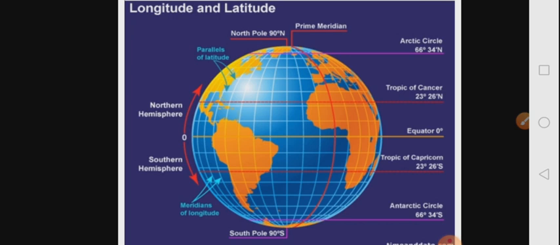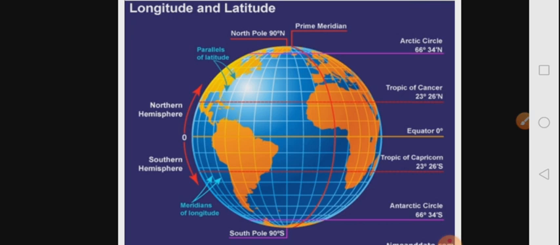So these are the important latitudes. I am repeating their names once again for you. Arctic Circle, which is a special line near the Arctic region. Tropic of Cancer and Tropic of Capricorn, they are at the same distance, 23 degrees to the north and 23 degrees to the south respectively.